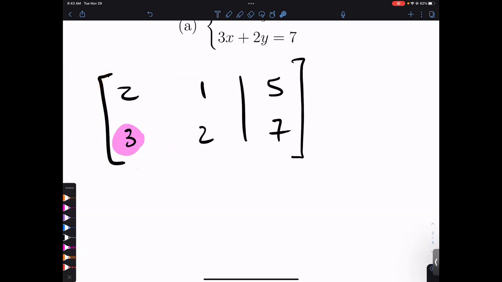Think elimination type stuff, right? Just focusing in on this. If I'm going to add and subtract these together to get this to go away, first we need them to match, right? We've got a 2 here and a 3 here. So what's a common multiple for 2 and 3? 6. Okay, so take both of these up to 6.